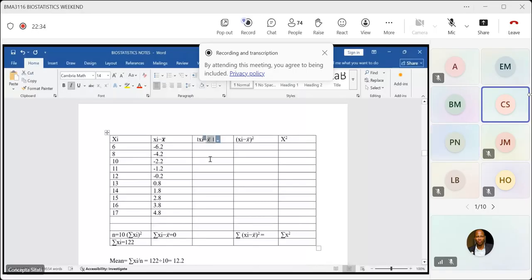So we have put those two lines before and after our set of data here. When we remove the signs, we make it absolute.